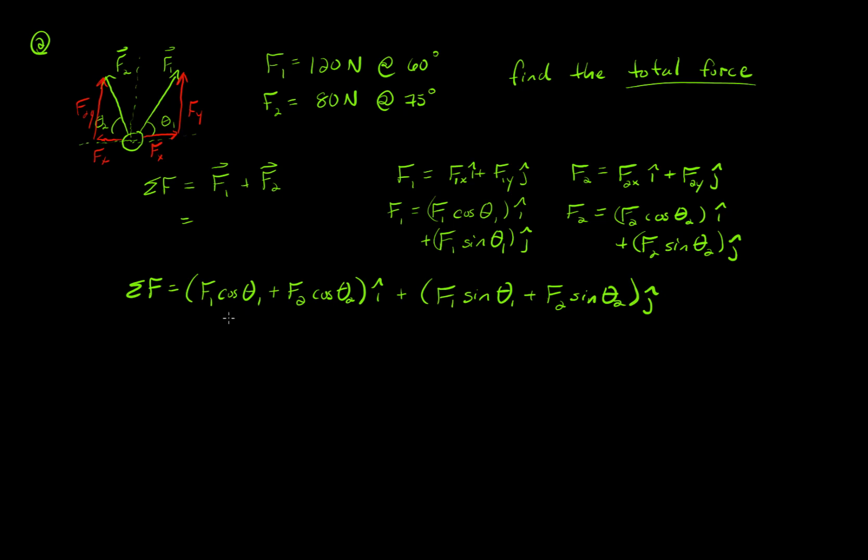I'm going to go ahead and put the numbers in there. Substituting our values, we get a net force of 80.75 in the x direction and 181.197 in the y direction.